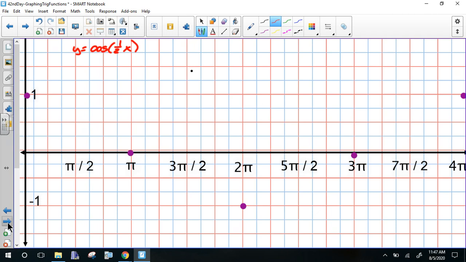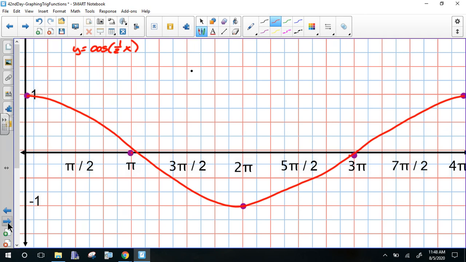So I'm going to have one at 0. I'm going to have a point at pi. I'm going to come down. I'm going to have the bottom point at 2 pi. I'm going to go back up to the x-axis and put a point at 3 pi. Back up to 1 and put a point at 4 pi. So we'll start here. And that's what it looks like as far as one cycle. I should draw one in the negative direction also.